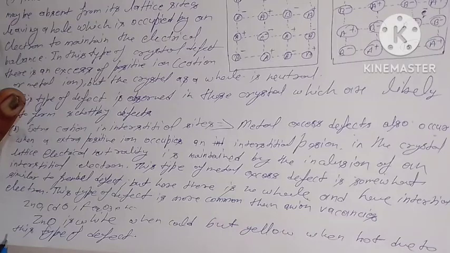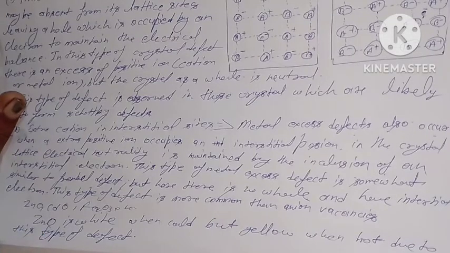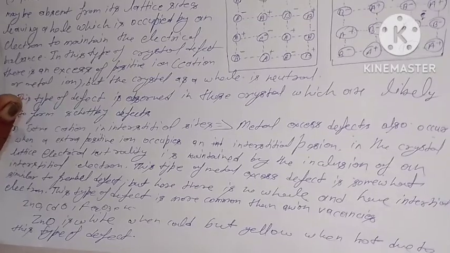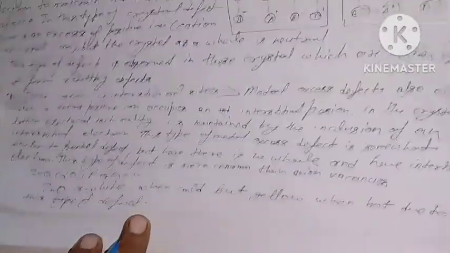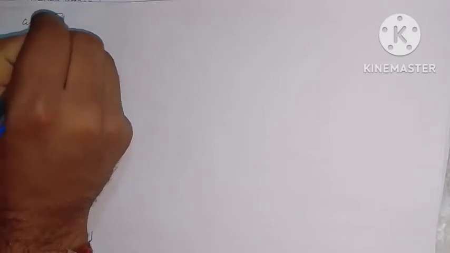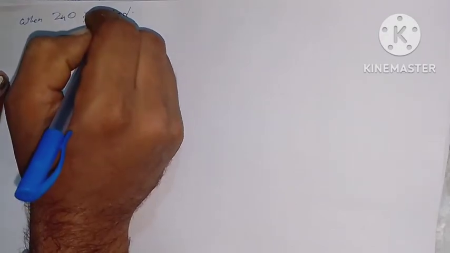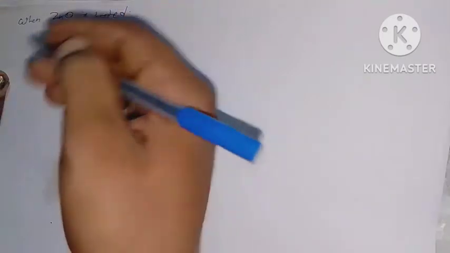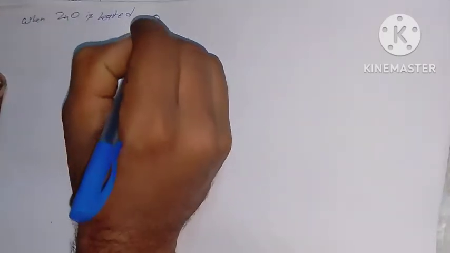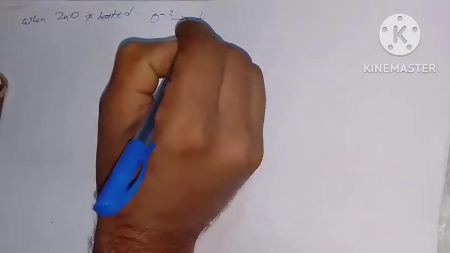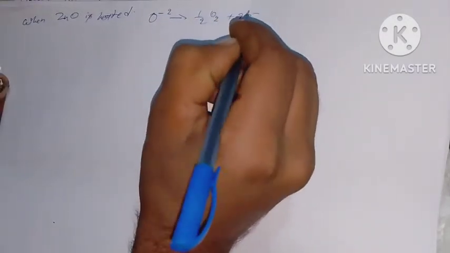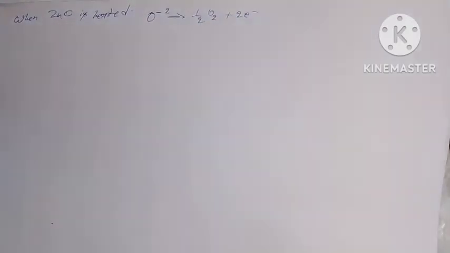When zinc oxide is heated, O2- from lattice sites is converted to 1/2 O2 plus 2 electrons.